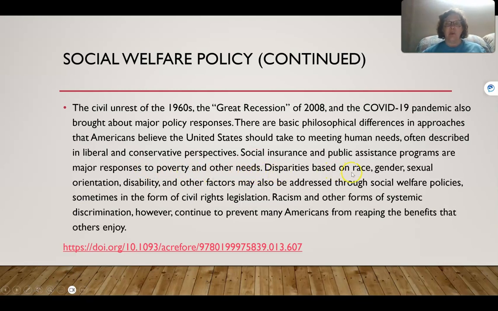Disparities based on race, gender, sexual orientation, disability, and other factors might also be addressed through the social welfare policies, sometimes in the form of civil rights legislation. However, racism and other forms of systemic discrimination continue to prevent many Americans from reaping the benefits that others enjoy. And as we go through the semester, we'll talk more about that.